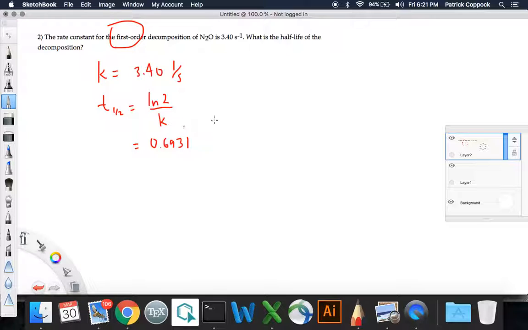I'm going to add another sig figure. 1 over 3.4 reciprocal seconds. So it's going to be seconds. Can you see that? Okay. Divided by 3.4 equals 0.2039 seconds.